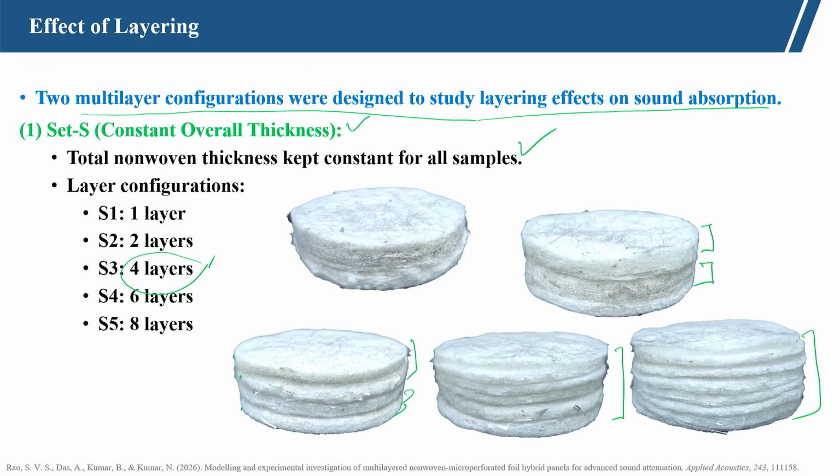Similarly, this is called set S, and in set A, the constant areal density was kept. So, total areal density was kept constant.